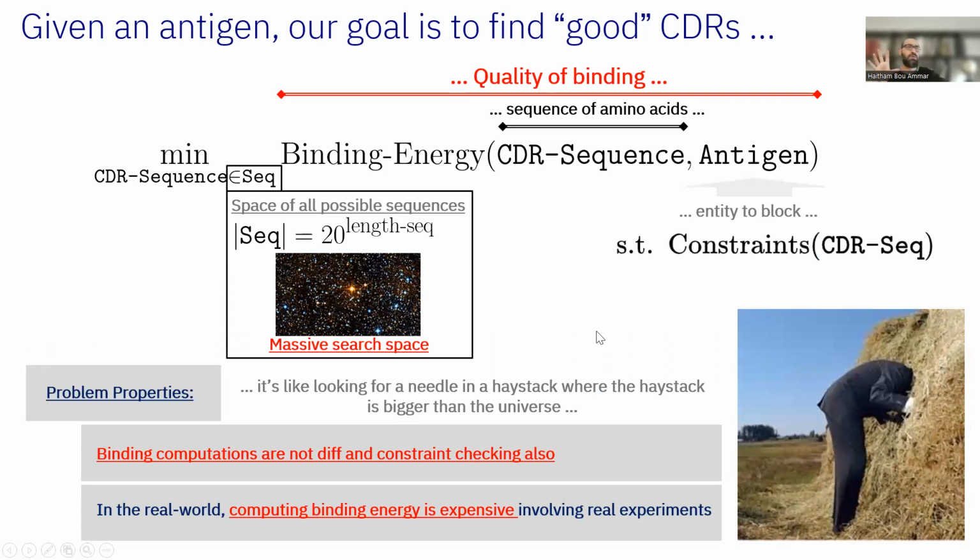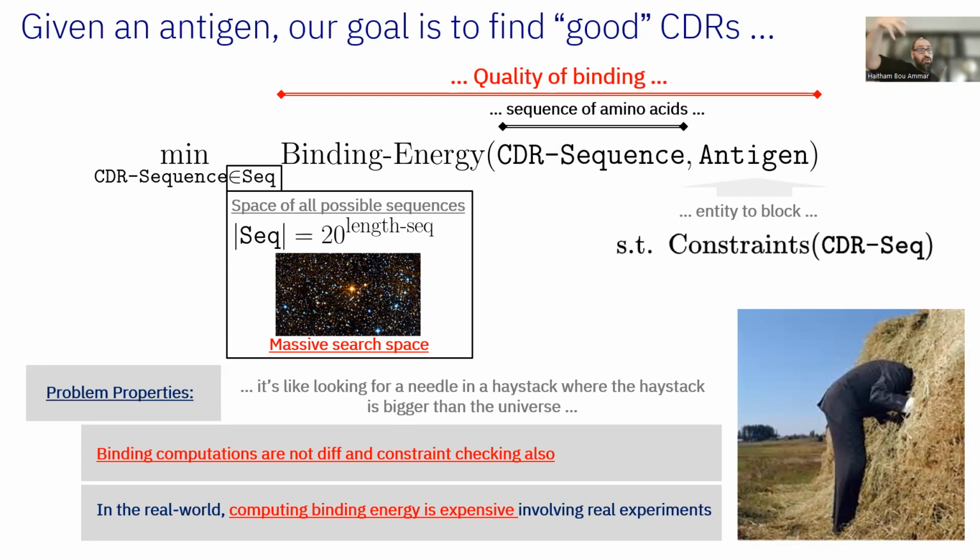Let's think about what we want this tip of the antibody to do, right? So as this pathogen or antigen, when I write antigen here, as this antigen enters your body, what we need to do is we need the antibody to design a CDR sequence that has good binding quality against the antigen, so we can actually neutralize that antigen.